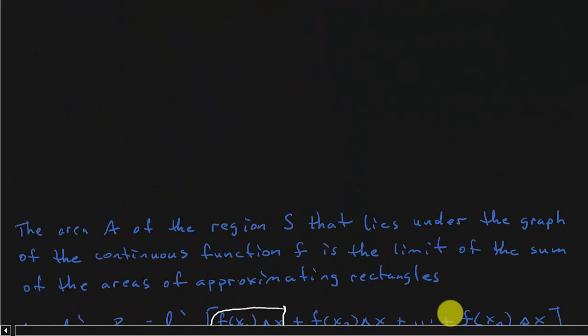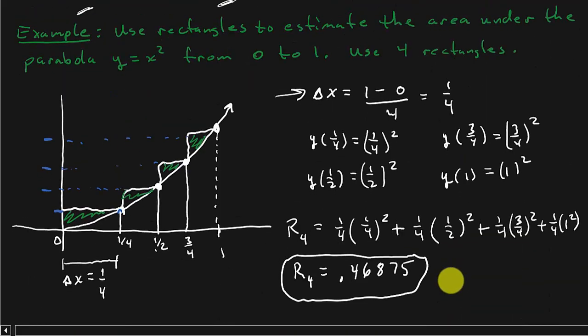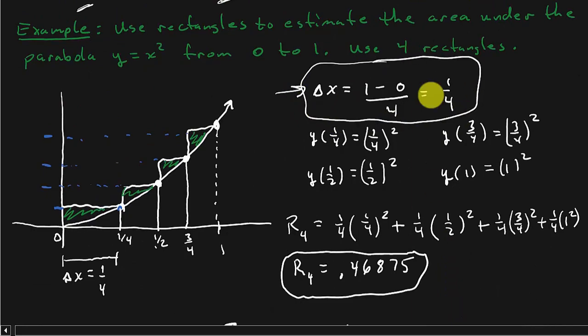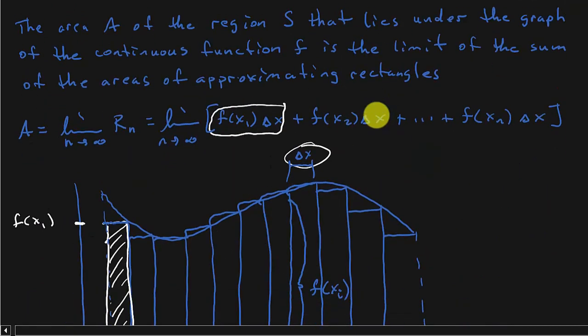And that's what we did up here when we found the width of the rectangle. Except this time, how many rectangles do we have? n, where n is going to infinity.